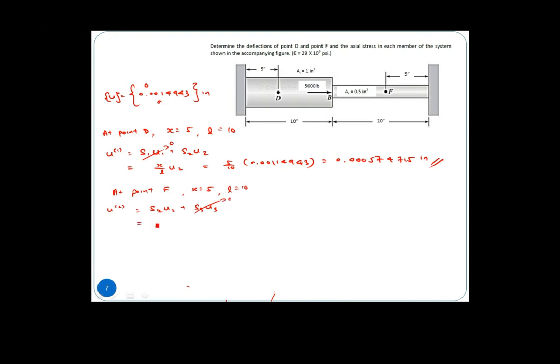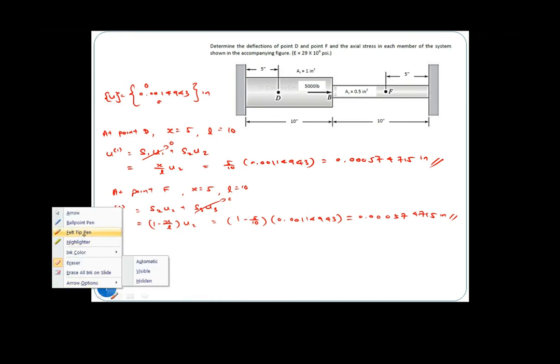Then our S2 will be 1 minus X over L, times U2. So we have 1 minus 5 over 10, multiplied with 0.00114943. So it will give us the same result, 0.000574715 inch. All right.